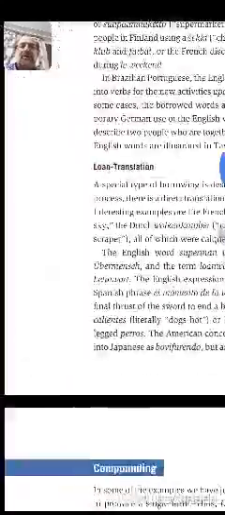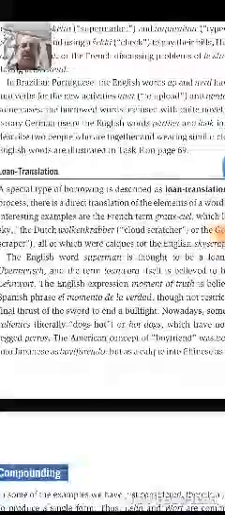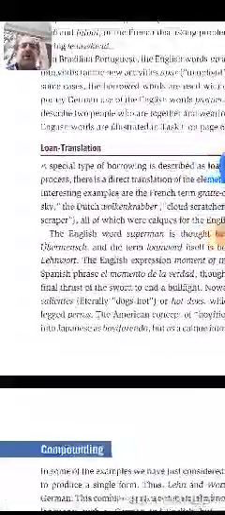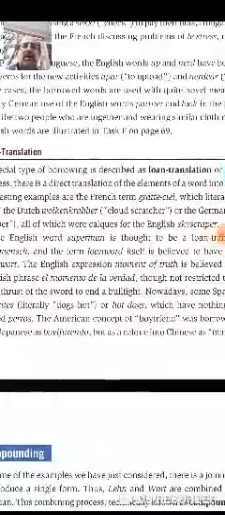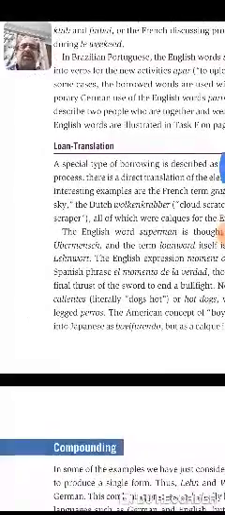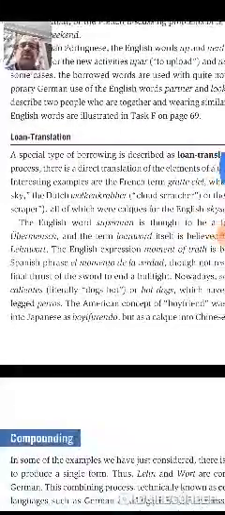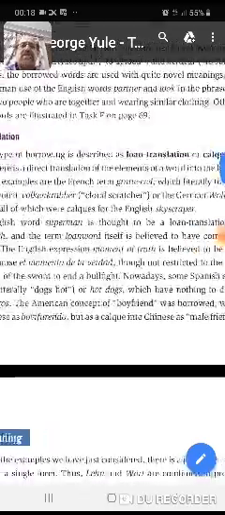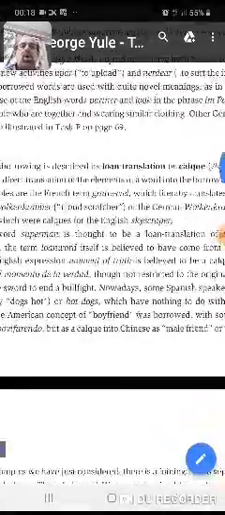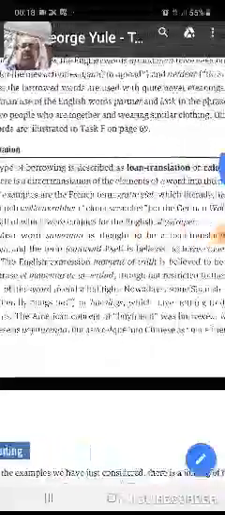Well, in this process, there is a direct translation of the element of a word into the borrowing language. So, interesting examples are the French term gratte-ciel, which literally translates as scrape sky, and the Dutch word, which means cloud scratcher, and the German word. Okay, all of these mean a skyscraper.